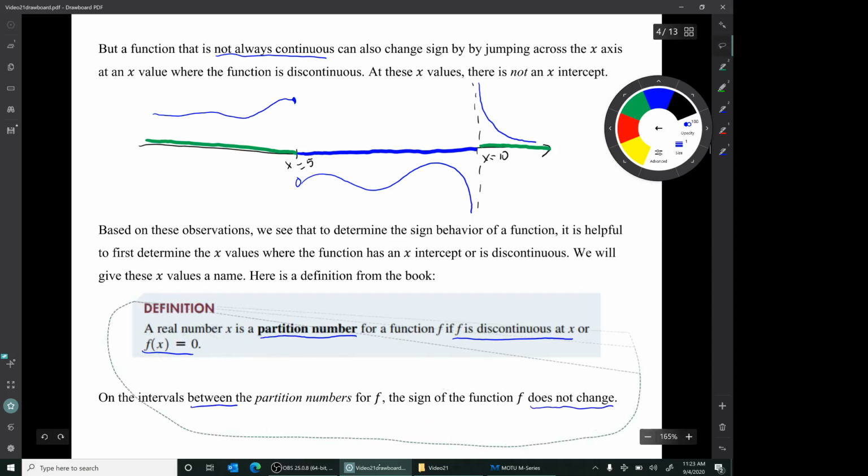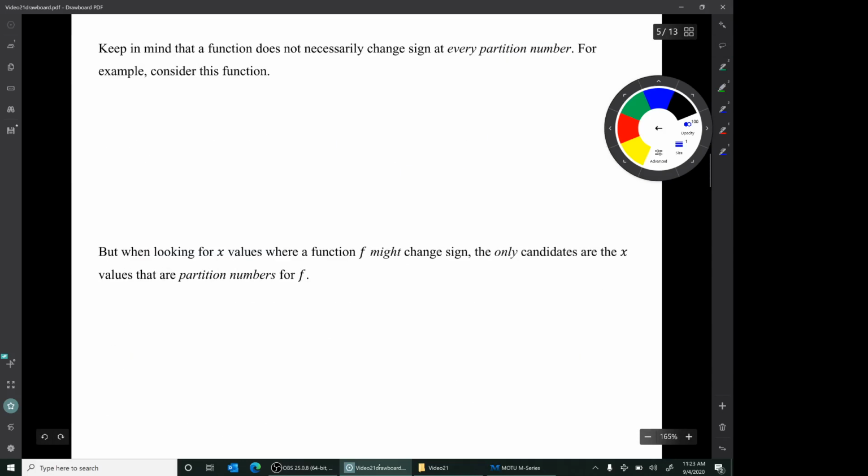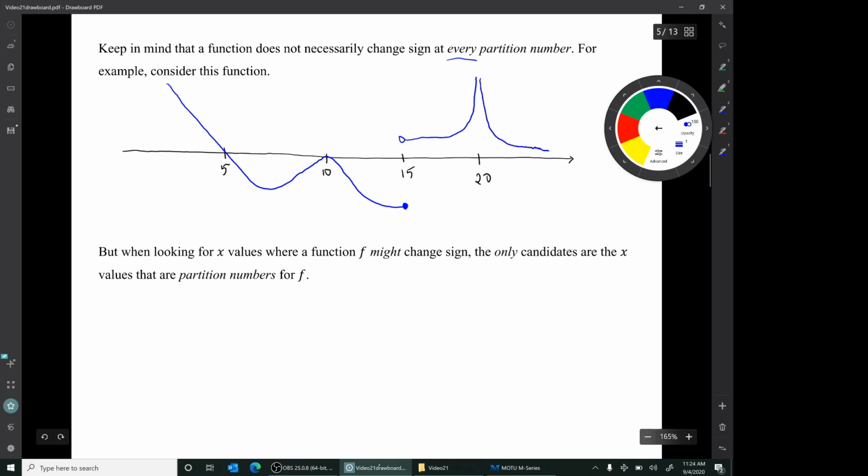Now keep in mind that a function does not necessarily change sign at every partition number. For example, consider this function. So notice that there are partition numbers at x equals 5, 10, 15, 20.